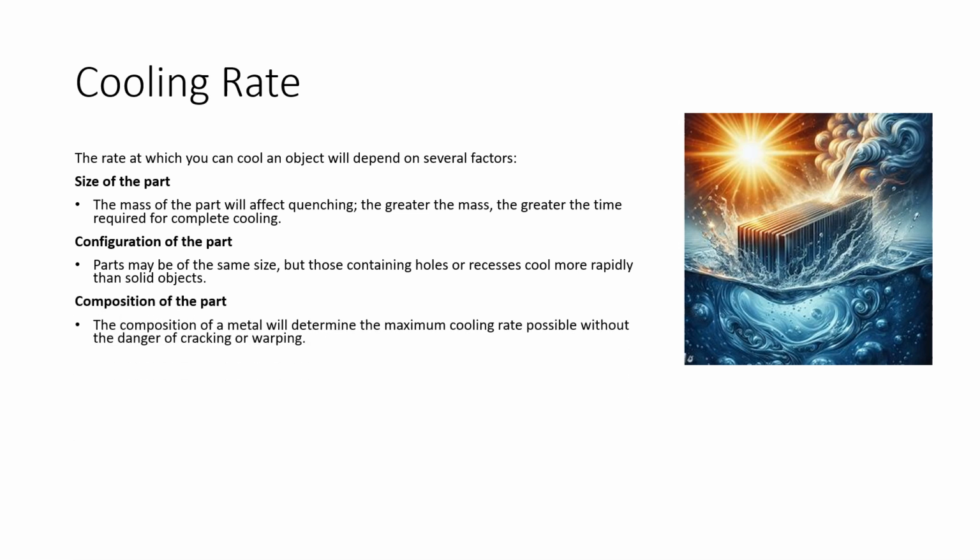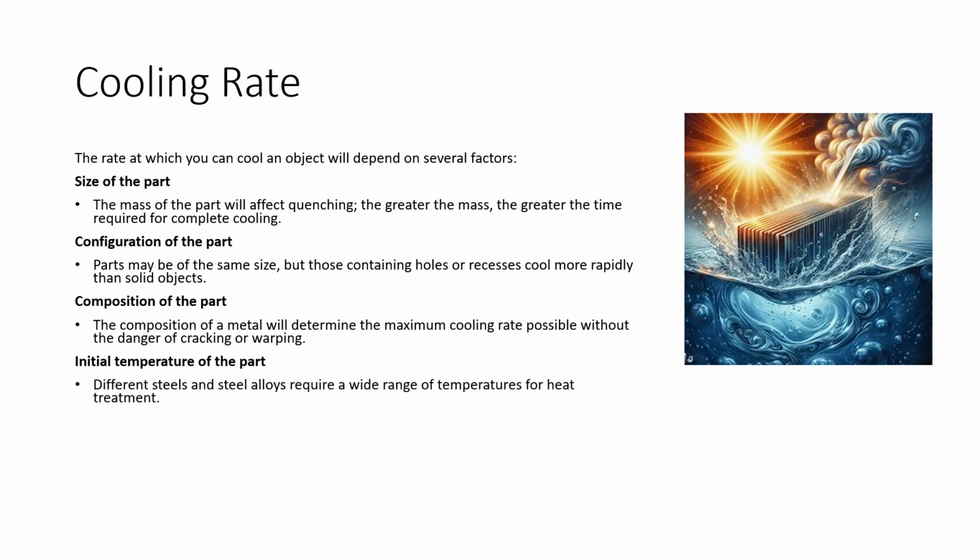Composition of the part. What is the metal? What is the chemical composition of the material that we are cooling? I used to work for a foundry out on the West Coast, and when the metallurgists and the heat treat people would talk about cooling rates for different materials, the chemical composition came into play. The initial temperature of the part.